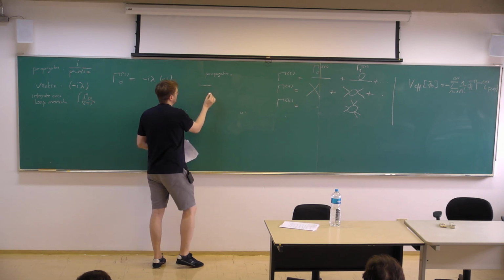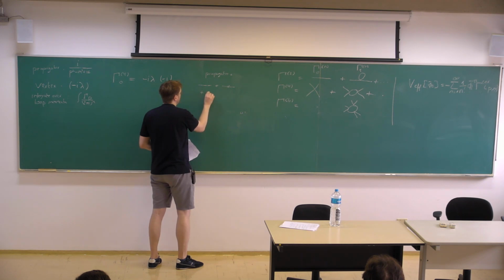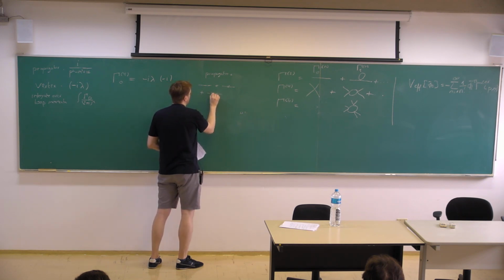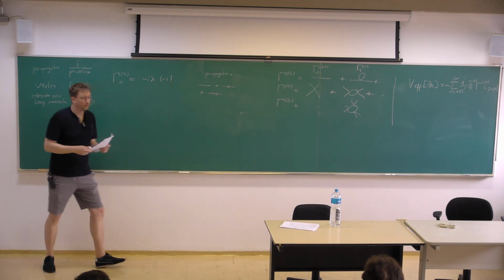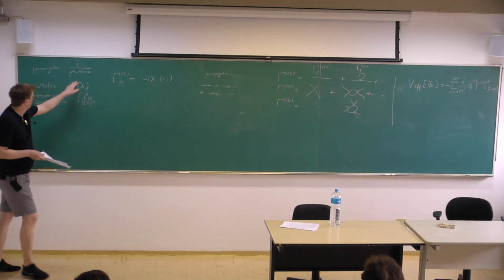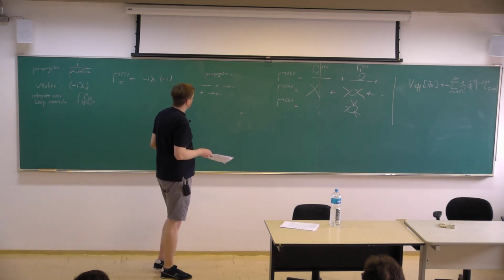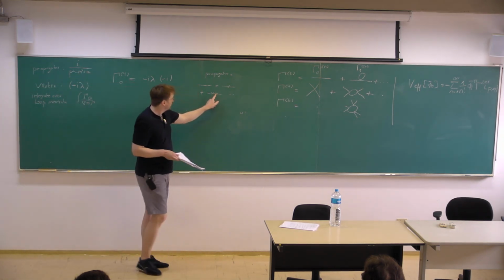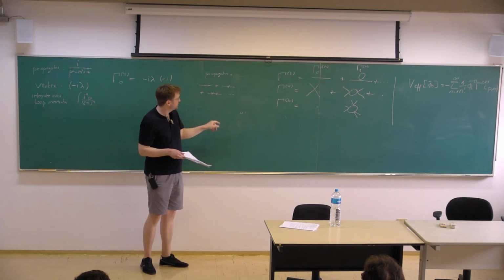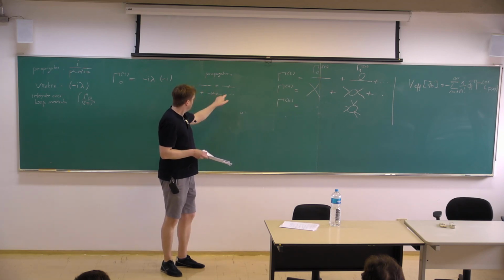So you have nothing, and you have one mass insertion, two mass insertions, and so on and so forth. And then you can resum these mass insertions and you get this expression, right? But these diagrams are not 1PI. What I'm interested in is the 1PI piece, which is the one that I cannot cut by cutting one line into two pieces. So it's just this one.